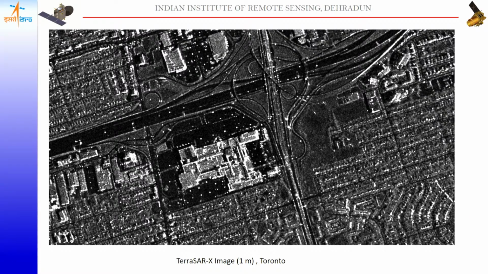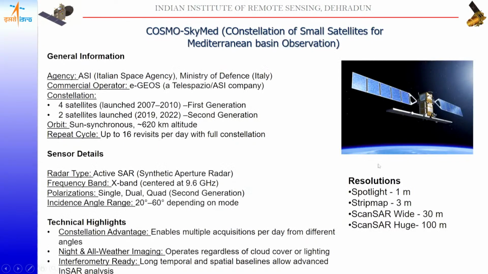This circular structure is a flyover, and here you can see some electric poles, these dots. And this is one building, and all these urban settlements are giving high backscatter in the SAR image.